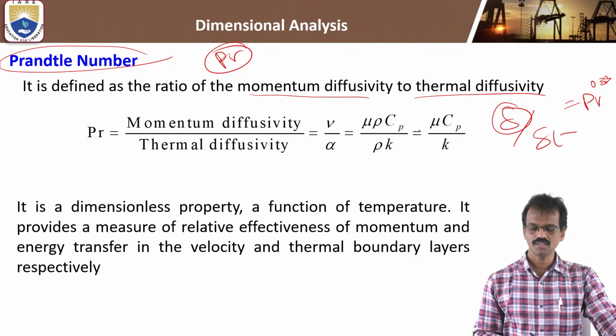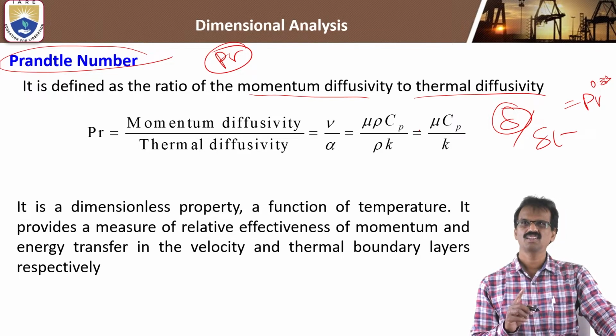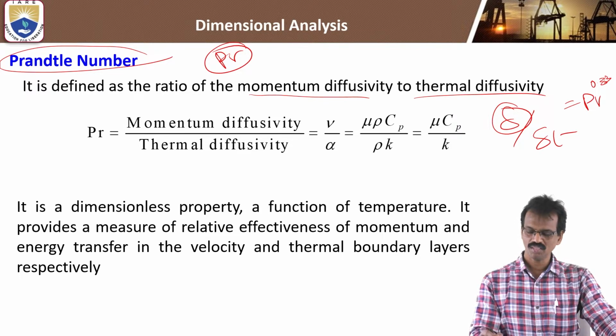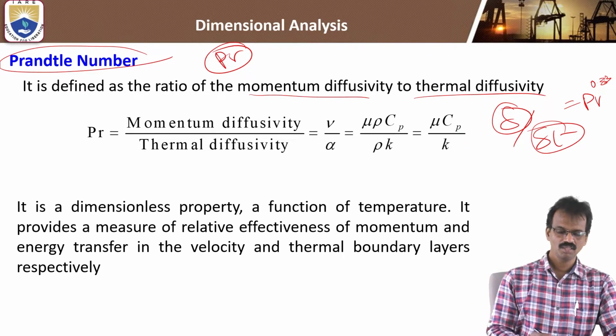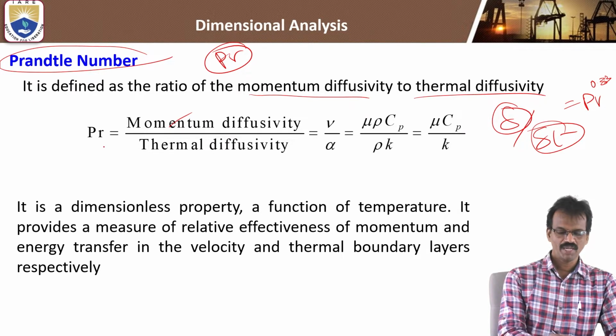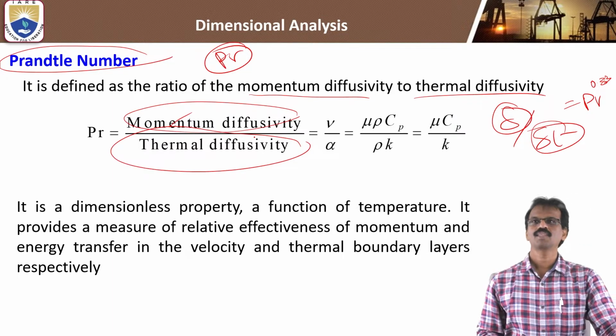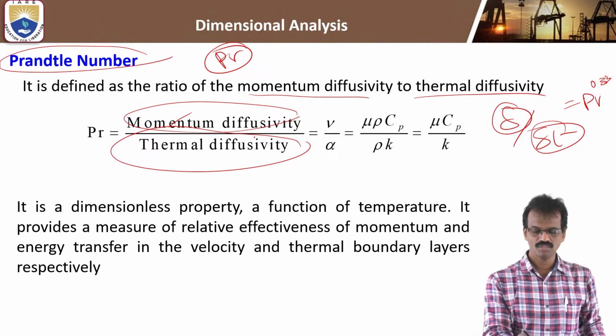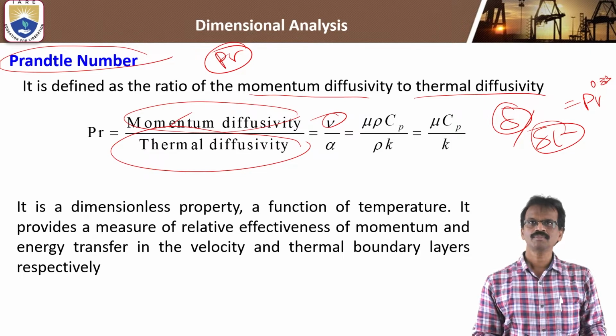It is related to the thickness of the velocity boundary layer, and this is the thickness of the thermal boundary layer. It means the momentum, that is the velocity related. So Prandtl number is equal to momentum diffusivity by thermal diffusivity. Momentum diffusivity means kinematic viscosity. Thermal diffusivity is equal to alpha. You know that one.